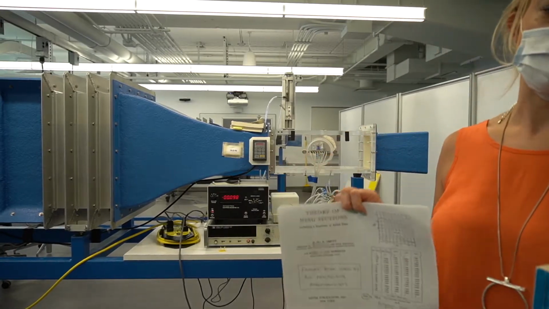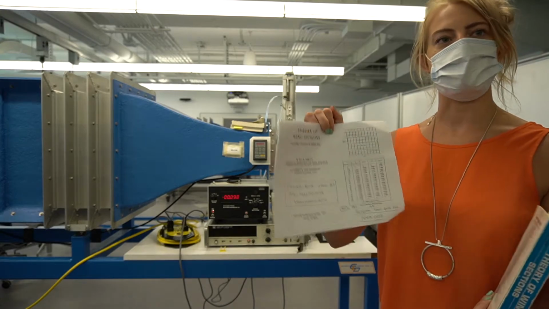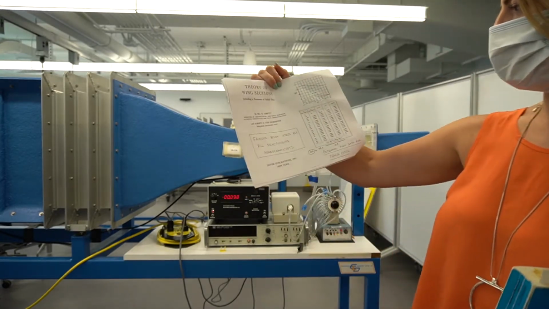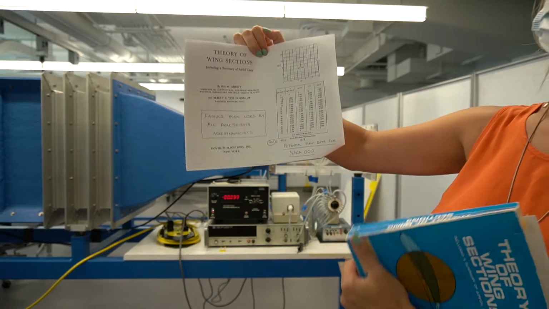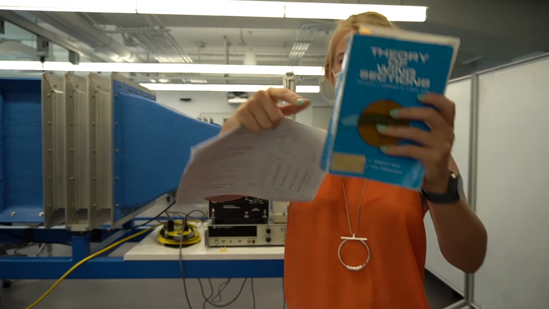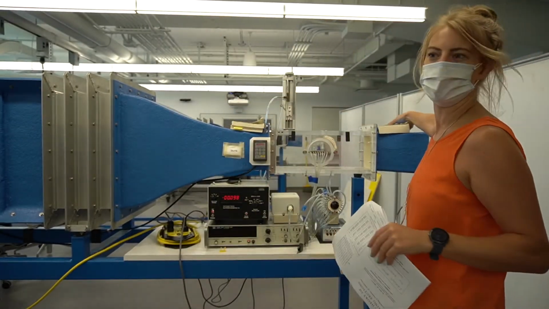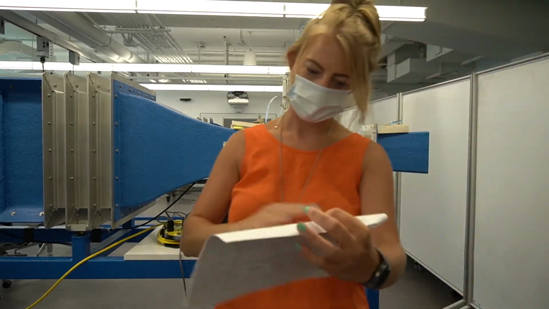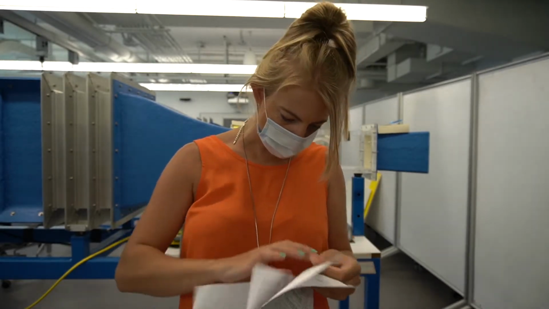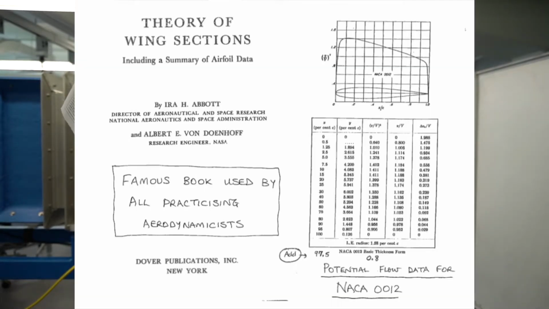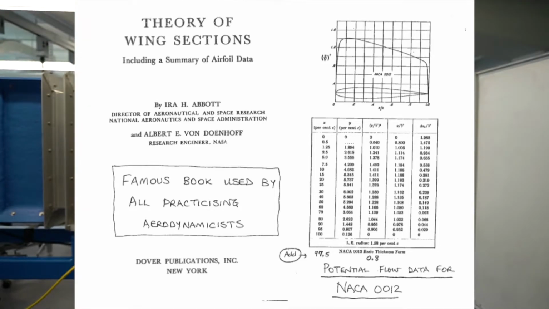So now that we have our data for our airfoil at 0 degrees, we're going to compare the data that we obtained to data for potential flow over a NACA 0012. This is coming from this famous book, Theory of Wing Sections, which we store directly above our wind tunnel. And this is in your appendix handout, which has a copy of this for you.